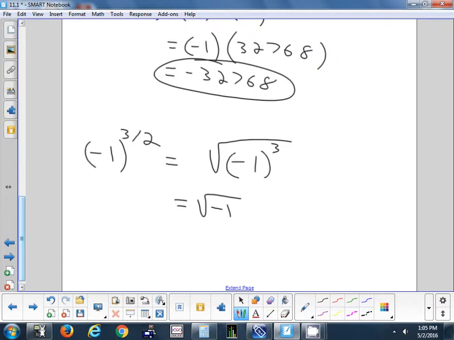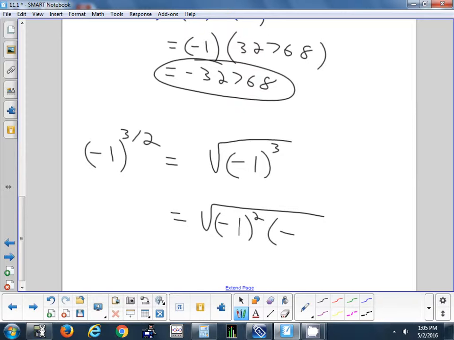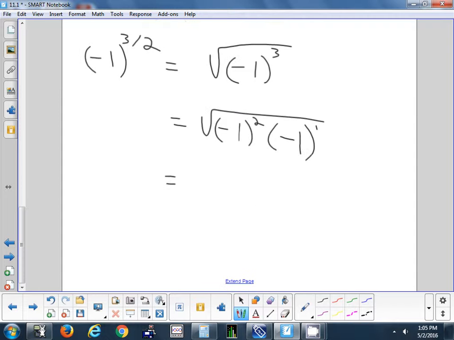You know what, unless you think of it this way. Think of -1 cubed as -1 squared times -1, and then you can pull out the -1 squared. You know what I mean? Because when you square and square root, they cancel, and the -1 comes out.